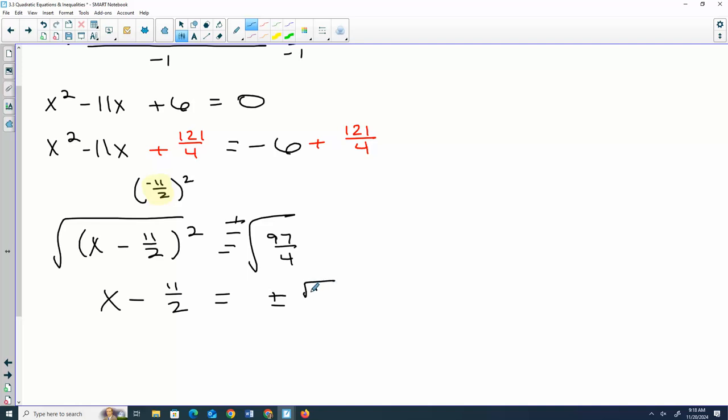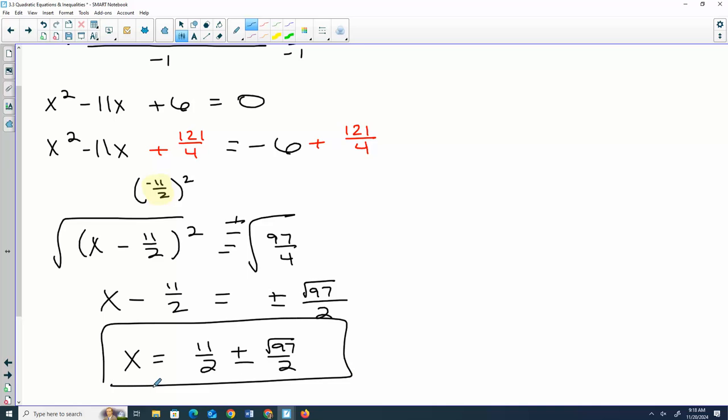No. But the square root of 4 is 2. So we should get 11 halves plus and minus radical 97 over 2. We did better that time. Are there questions?